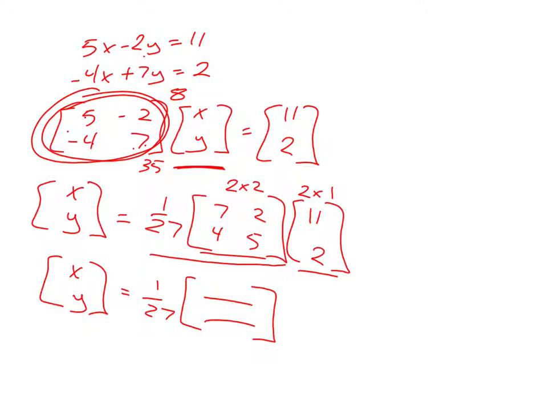So 7 times 11 is 77. 2 times 2 is 4. 4 times 11 is 44, and 5 times 2 is 10. All right, so 77 plus 4 is 81. 81 divided by 27 is 3. 44 plus 10 is 54. 54 divided by 27 is 2.